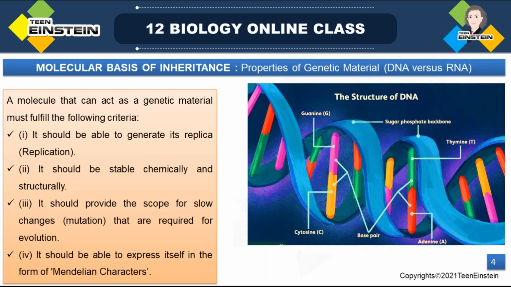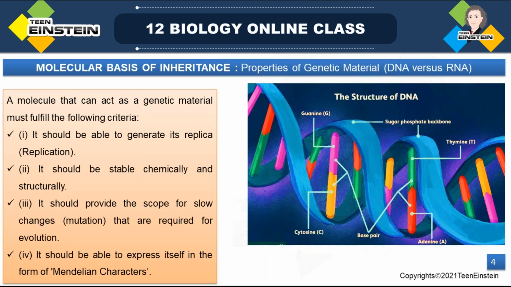An organism will pass through different stages of life cycle, right? So during these stages, the genetic material should not change its features. It should have a stable feature, so that it should not change with different stages of life cycle and should not change with the age.